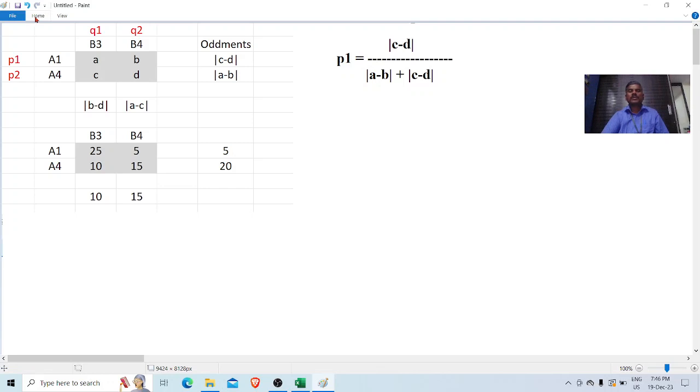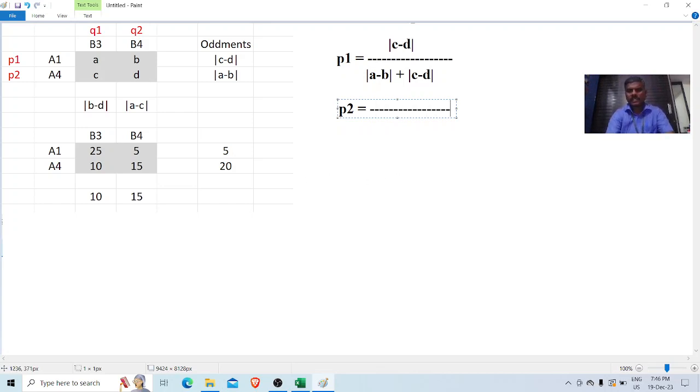Now we will write the formula for P2. Probability of using the fourth strategy by firm A is P2. P2 is equal to same denominator. What is the denominator?